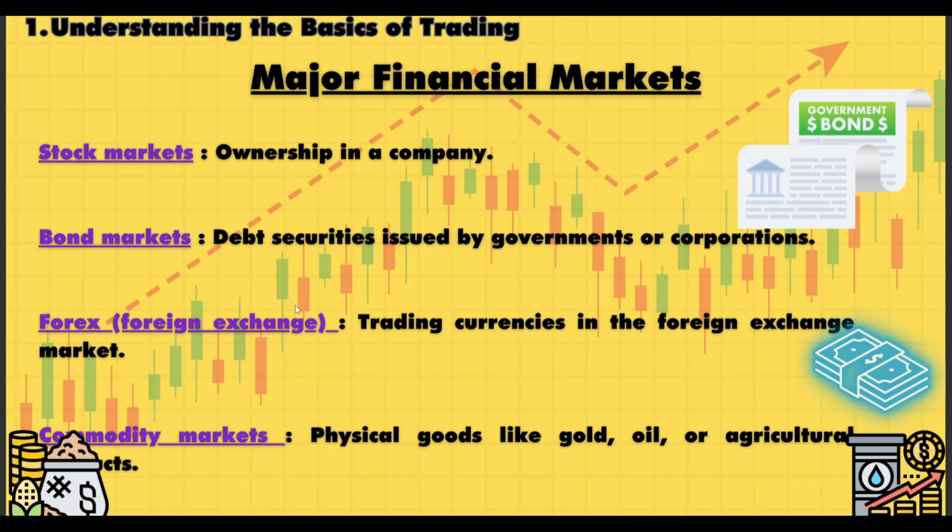So the third market is the forex market. In the forex market you can trade or invest in the conversion rates of currencies. Okay, I'll show you on the live chart how it looks. And fourth is the commodity market, where you can invest or trade in physical goods like gold, oil or agriculture. Okay, so let's move on to the next part.